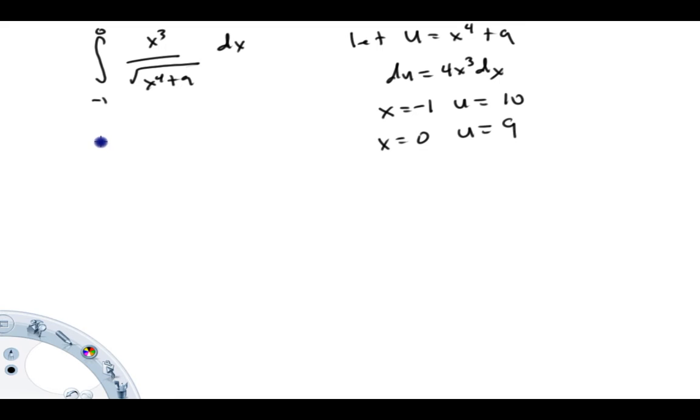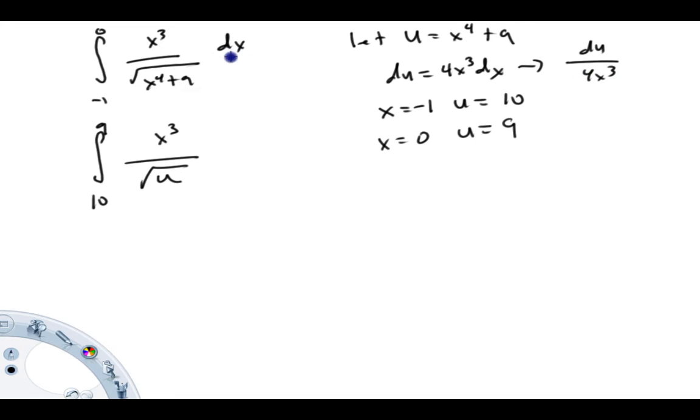So what we're going to do is rewrite our integral. Integral from 10 to 9, and for a moment I'm just going to write x to the third over the square root of u times dx. There's a couple things I can do here. If we solve this for dx, we get du over 4x to the third.